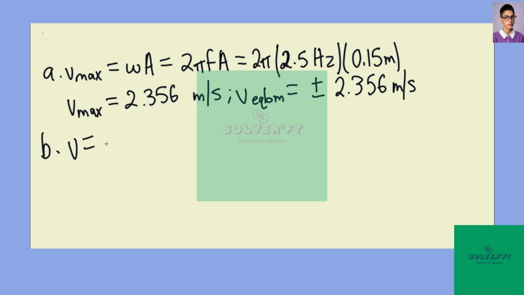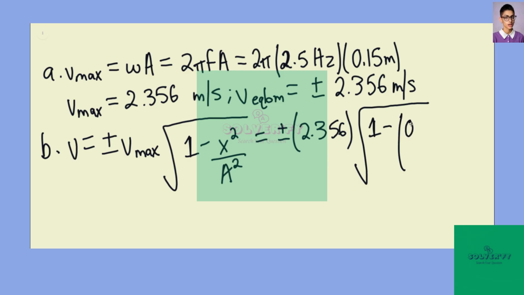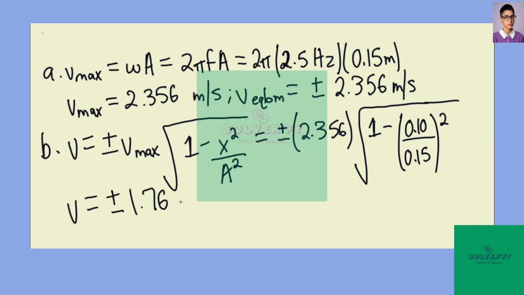So we can say that the velocity is going to be equal to plus or minus the maximum velocity times the square root of 1 minus x squared over a squared, and this is equaling plus or minus 2.356 times the square root of 1 minus (0.10 divided by 0.15) squared, and we find that v is going to be equal to plus or minus 1.76 meters per second. So this would be the final answer for part B.